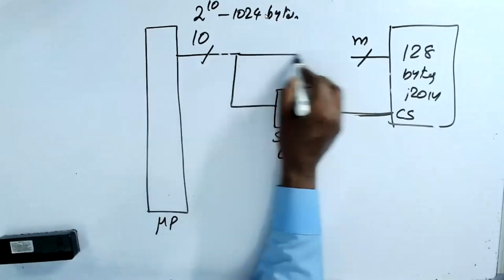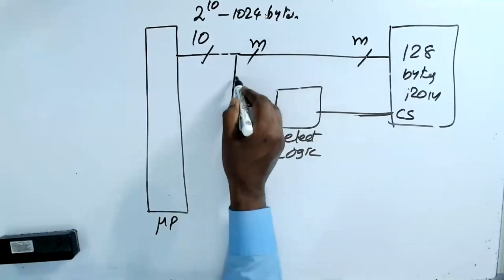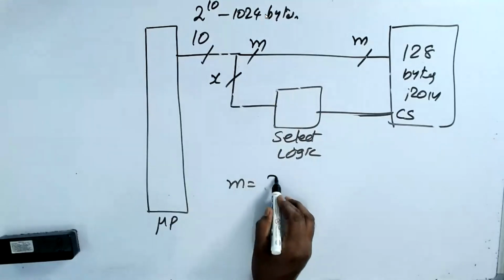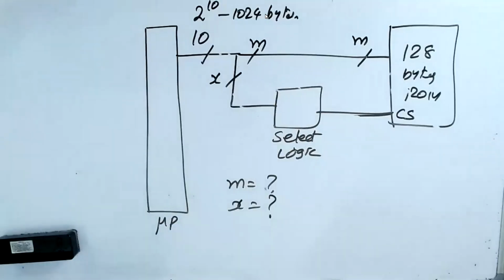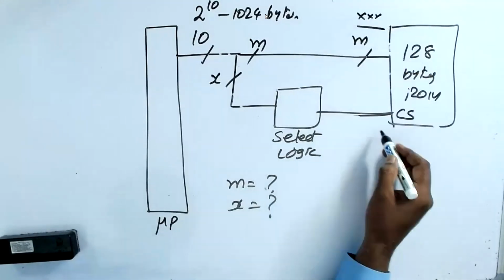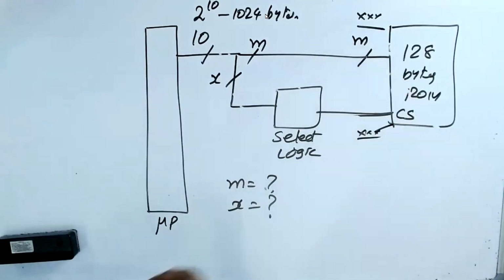This is M, and this is X. Now, what is M? What is X? First you should find that out. When you find M and X, then you can find the other ones. And you should always say what the starting address and the ending address are. That is the trick. If you understand that, you understand the whole thing. As I told you, I don't mind spending even one more day for this, but this has to be thoroughly understood by you.